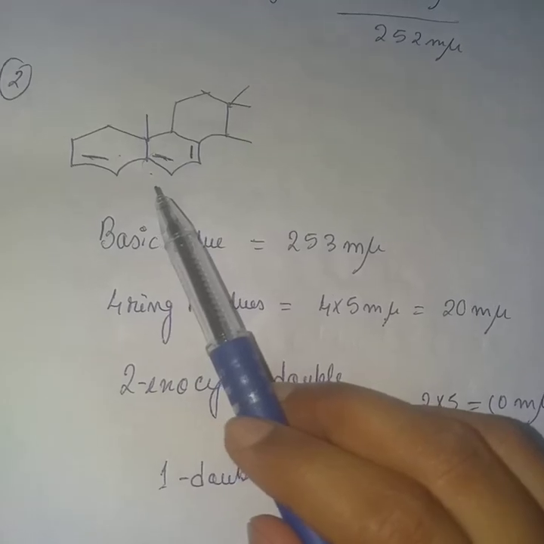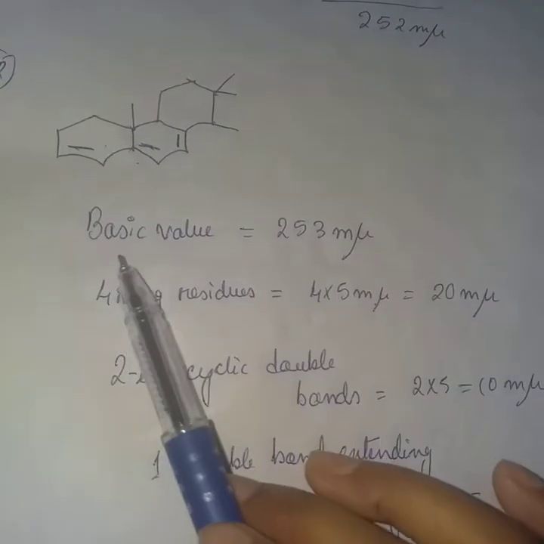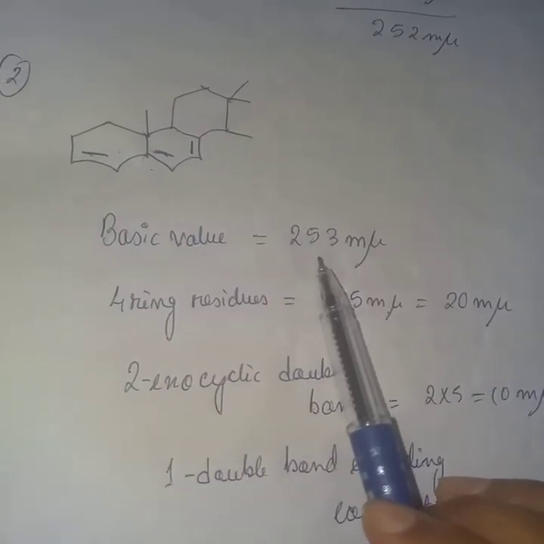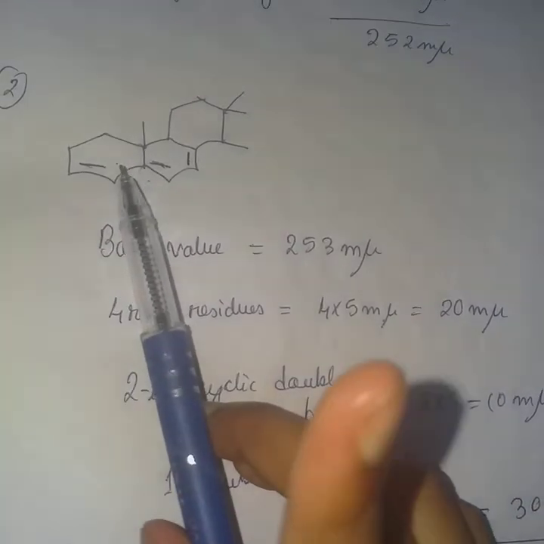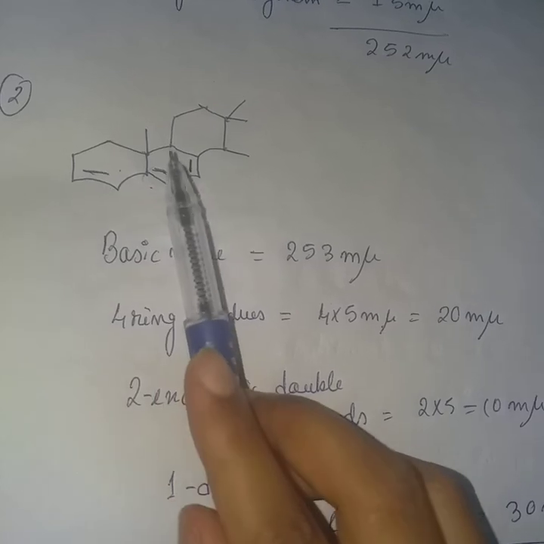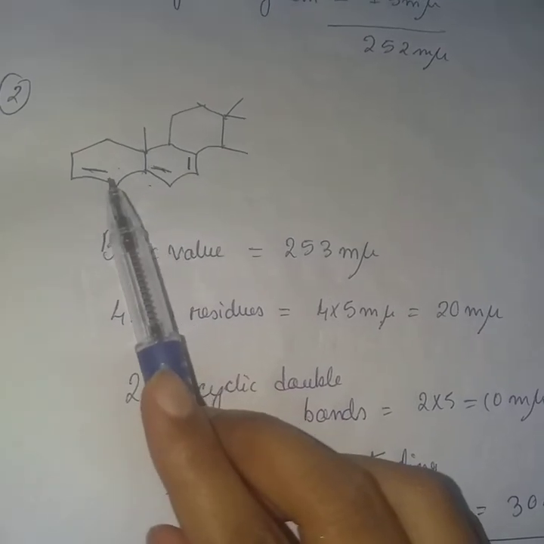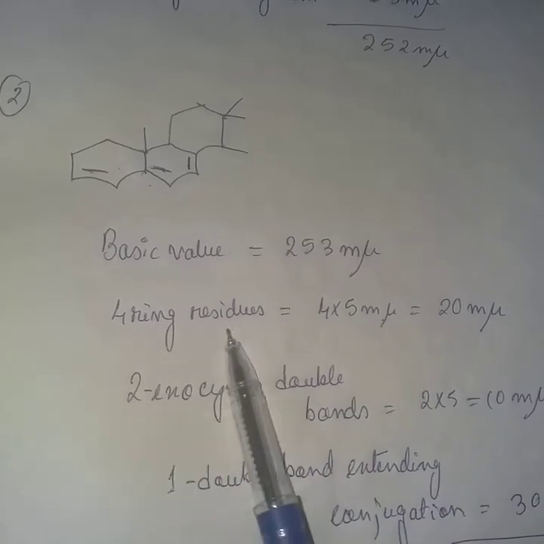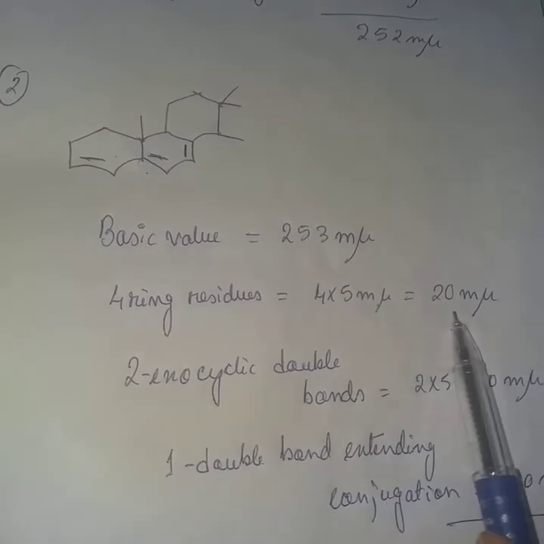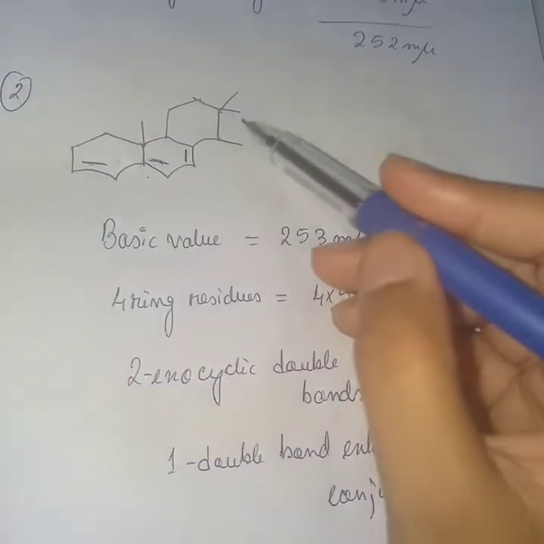See one more additional example. This we will take as homoannular diene. Please note here there is heteroannular diene also, but we will take homoannular when both heteroannular and homoannular are present. Here are 4 ring residues, therefore we have taken this, and 2 exocyclic double bonds as well.